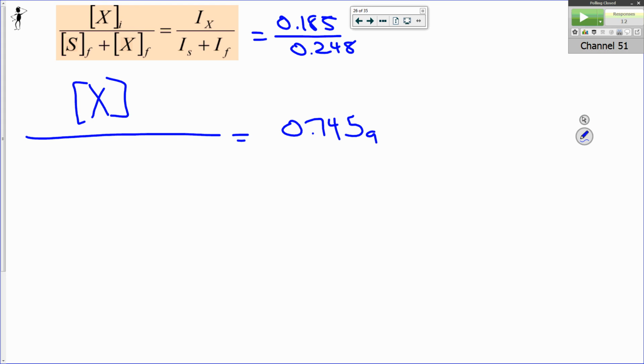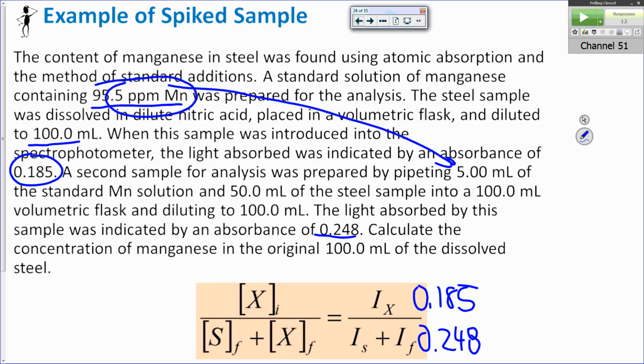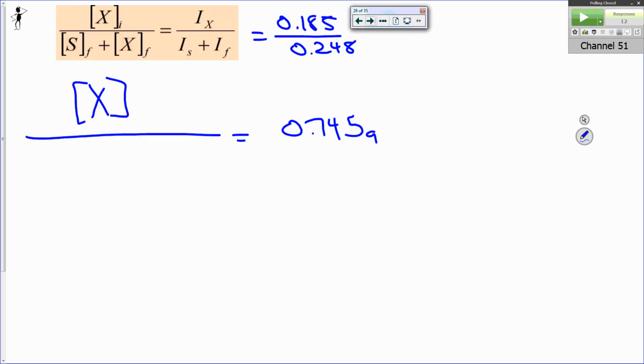Now I've got to look at this standard that I put in there. The standard concentration was 95.5 parts per million originally, and I put 5 mils of it into a total of 100. So my dilution ratio is 5 divided by 100 times 95.5 parts per million. But all of that's just a number.